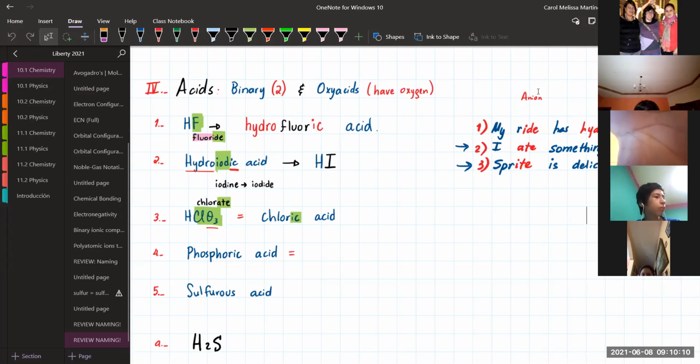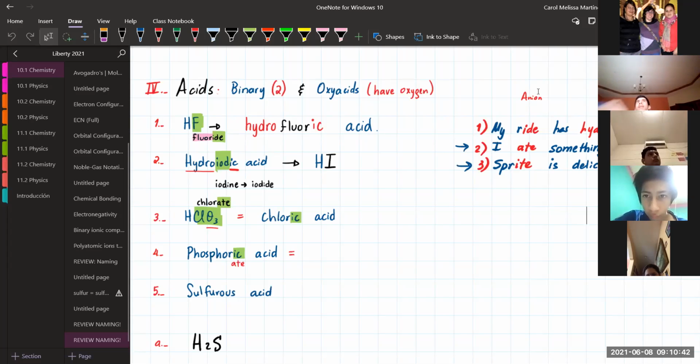Now, the second example. Take a look at the suffix. It says phosphoric. So, if it ends in ic, icky is something that you ate. So phosphoric acid refers to the polyatomic ion that ends in ate.